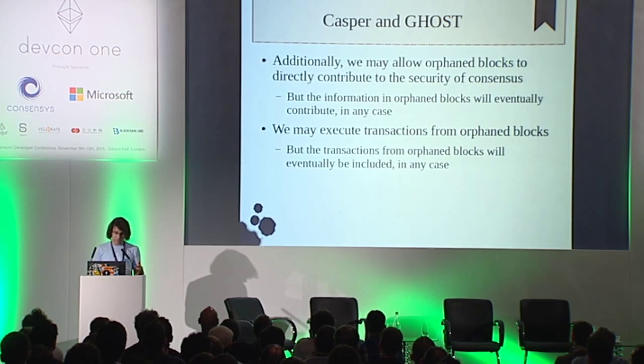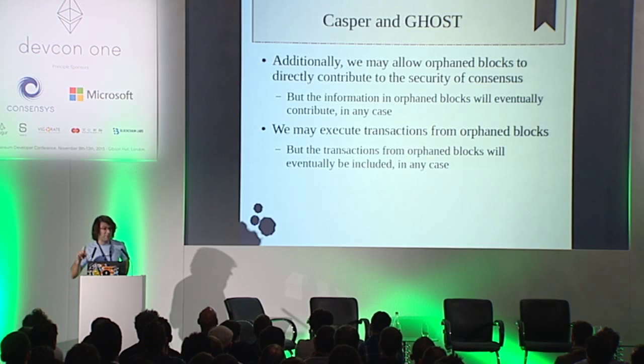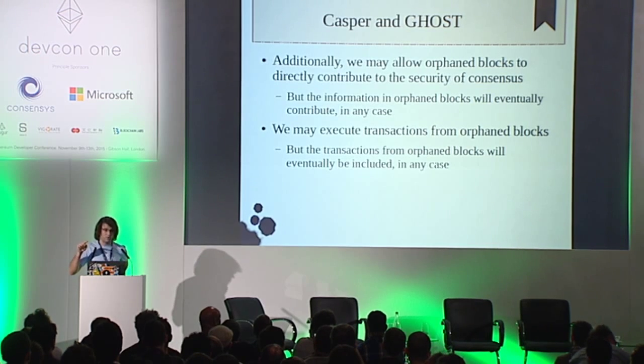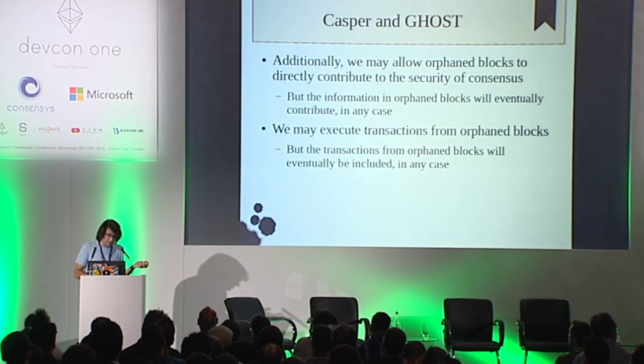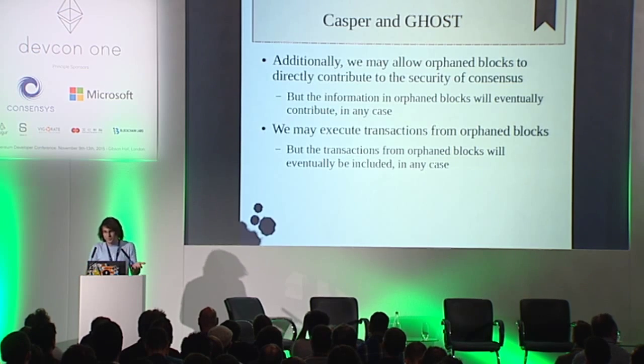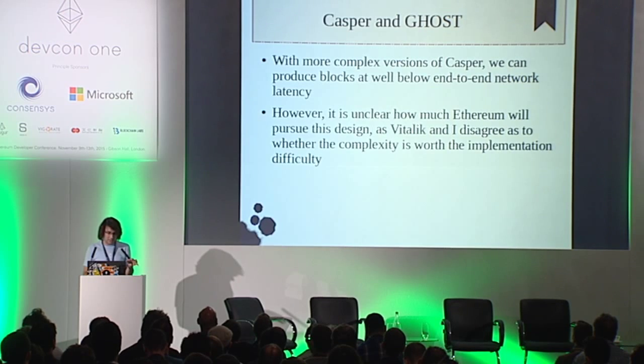Now what we don't agree on is whether we will allow orphan blocks to have the bets they're including contribute to the bet history, or whether to execute transactions from orphan blocks. If we allow these things, it'll be a little bit more complex from the protocol point of view, but we'll be able to have slightly lower latency.